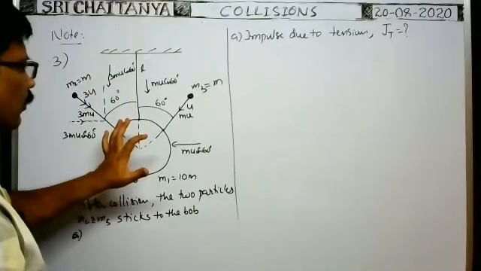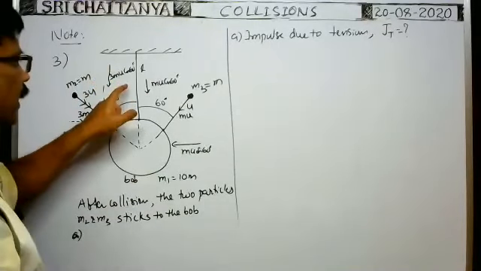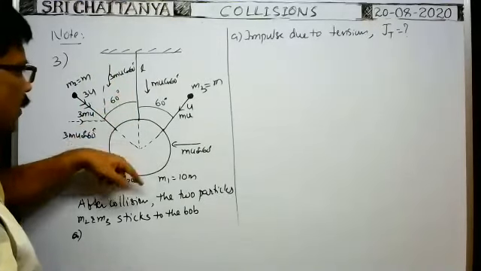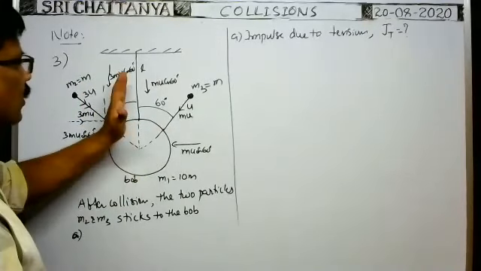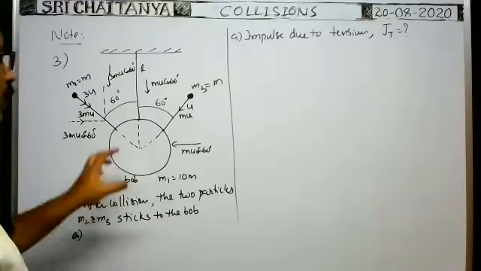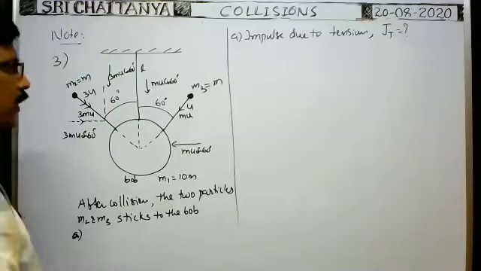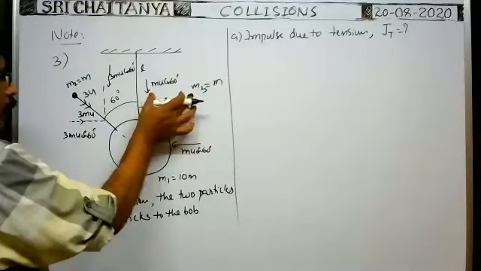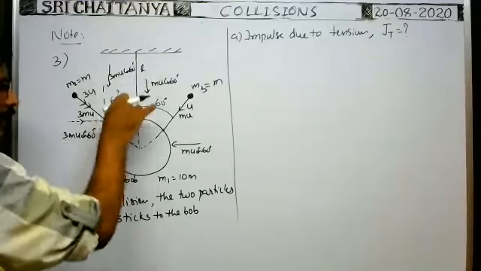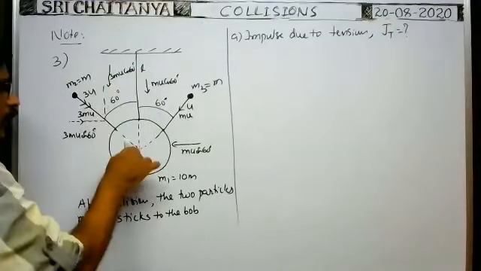After collision, the sphere cannot come down, because at the same time immediately the tension force acts on the system in upward direction and makes the momentum of the system in downwards direction 0. That's why the system receives the impulse due to tension vertically upwards. Before collision, the momentum of the two particles along vertically downwards direction is mu cos 60 plus 3mu cos 60, that is downwards.